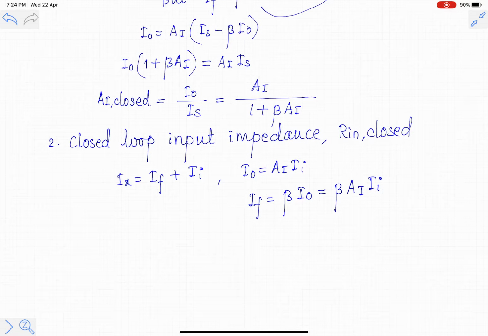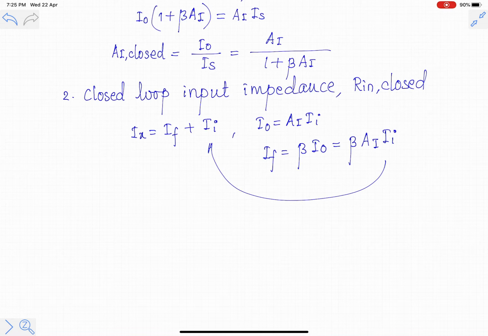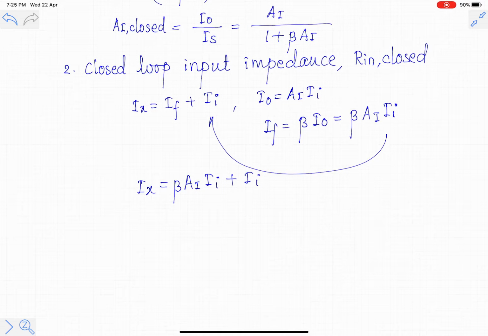So if I substitute the value of IF back into this expression, we will get Ix is equal to beta into AI into II plus II. So this can be written as, if II is taken common, II into 1 plus beta into AI.